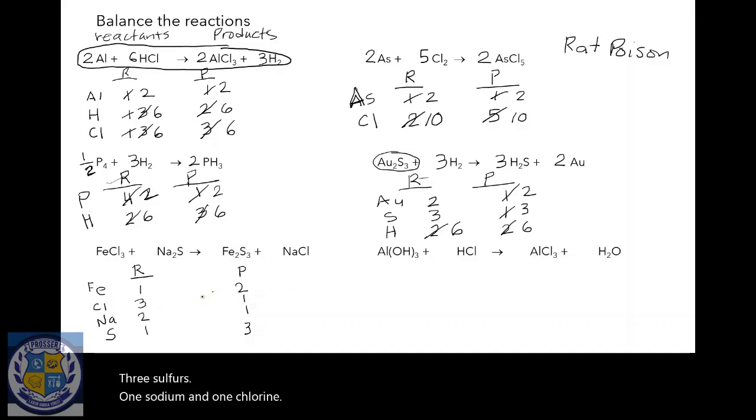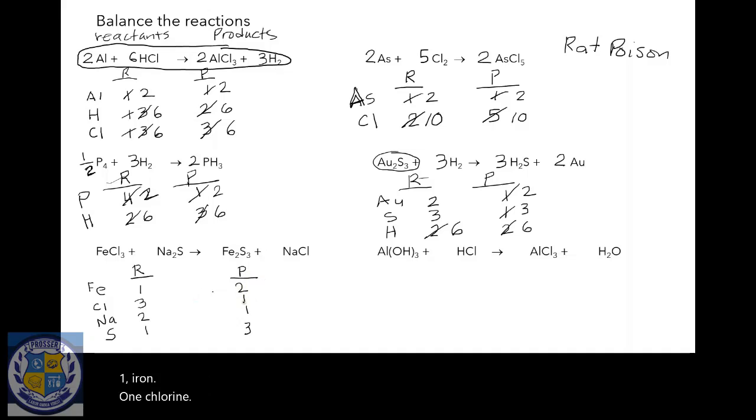Okay, what do we balance first? Let me see. How about the chlorine? There's an odd even there. So there's 3 chlorine. Is that right? No. One iron, 1 chlorine.